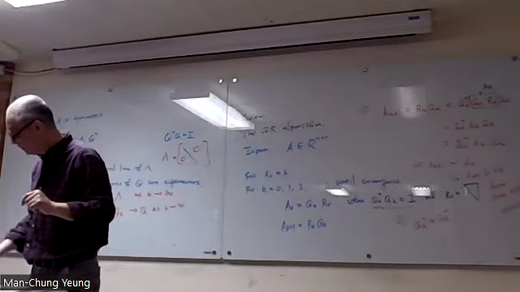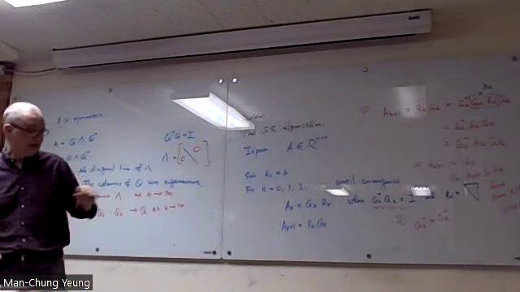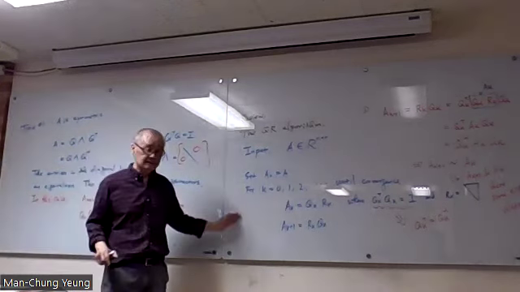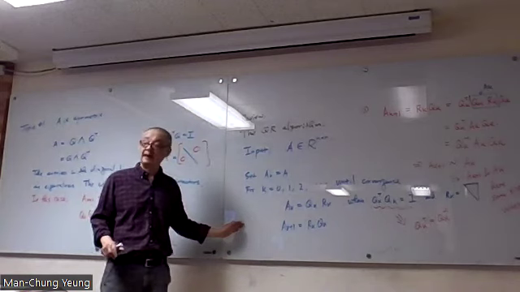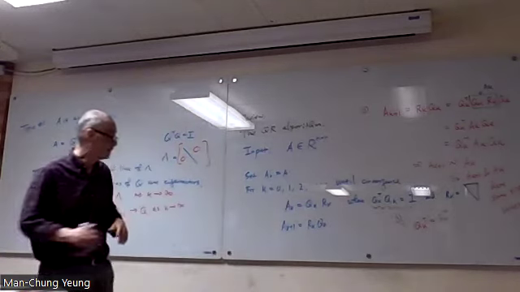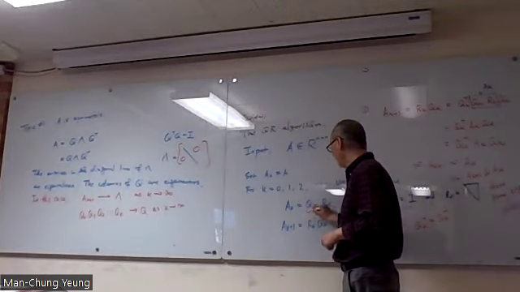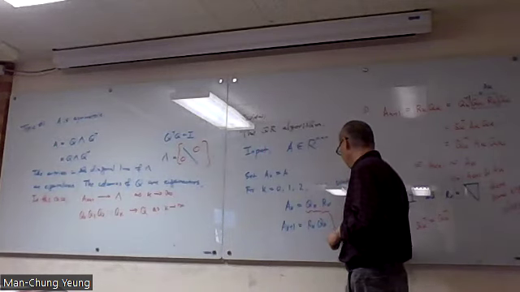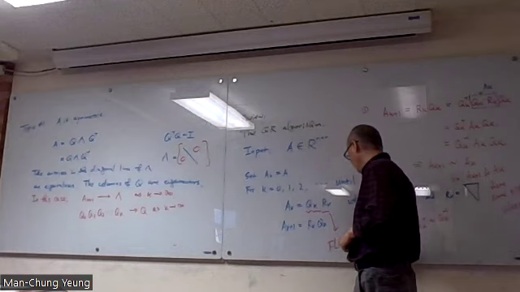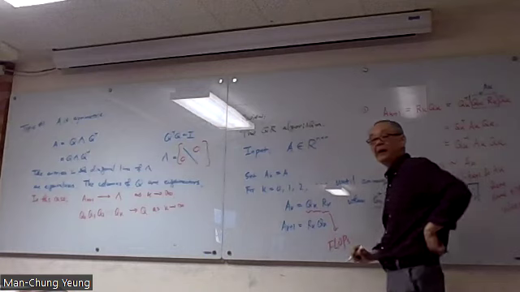Now, second topic. This algorithm is very expensive. How expensive? Performing QR factorization, floating point operations: how many?